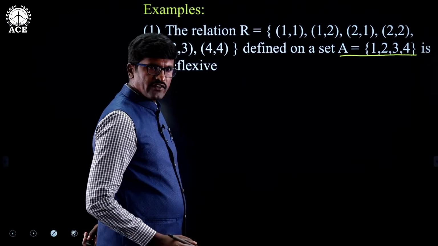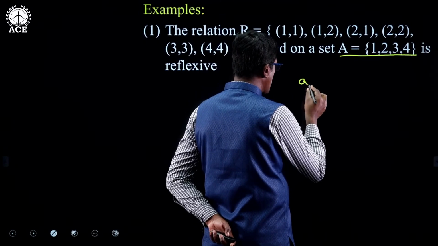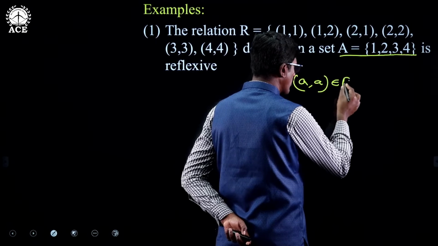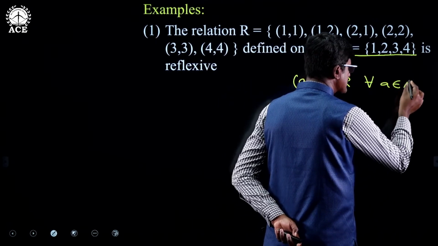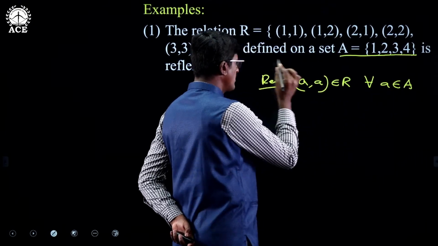Now according to the definition of reflexive relation, if (a, a) belongs to R for all a belongs to A, then it is reflexive relation.